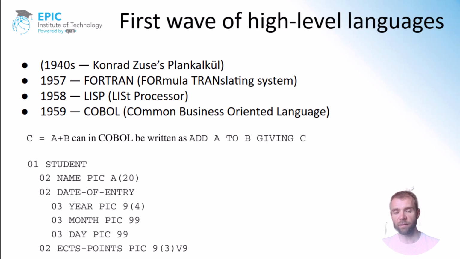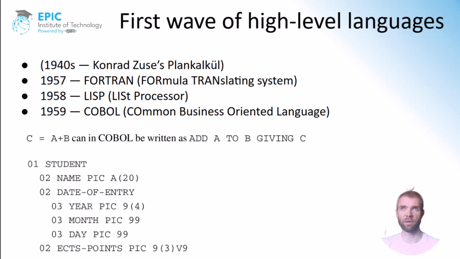So one other language worth mentioning is COBOL. You see that these are just consecutive years, right? So Fortran, then Lisp, then COBOL. And COBOL was a language specifically designed for being used by ordinary people.